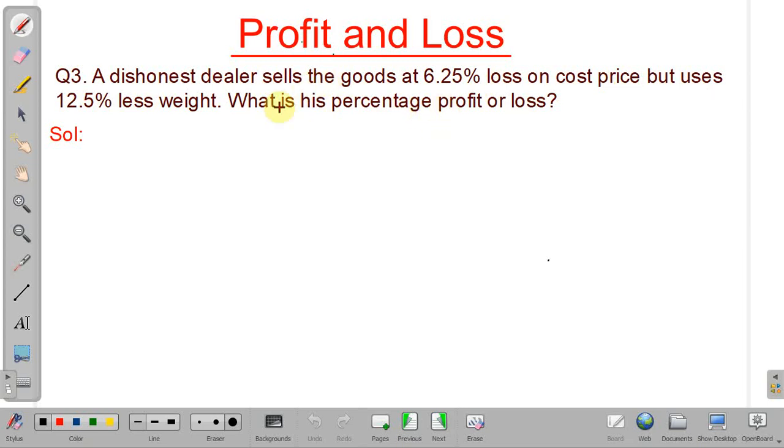So when we remember the shortcut formula, we can easily calculate. So how can we calculate this?